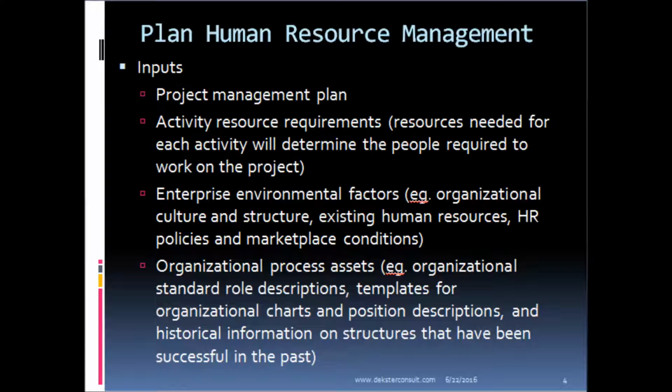Then organizational process assets, which will talk of templates, historical information, organizational standard role descriptions, and structures that have been successful in the past. All useful information that the project manager or the project management team can make use of to manage our project are all part of the organizational process assets.